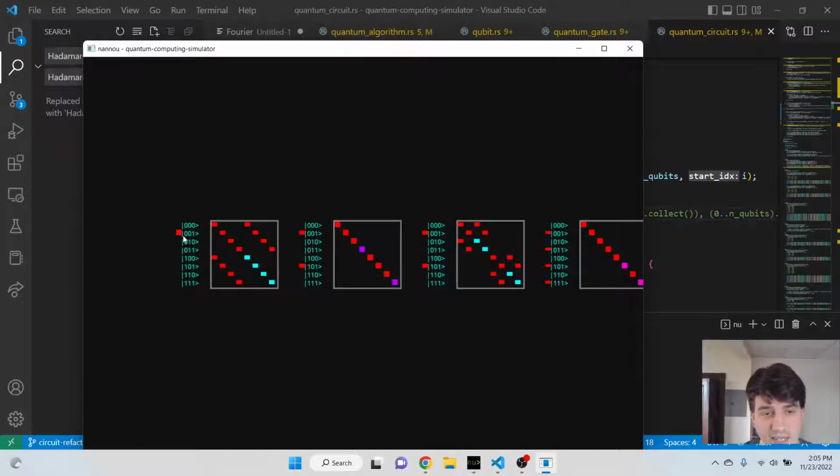So in this case, I put in a pure state, all of the probability weight is behind 0, 0, 1, and then I put it through this thing, which is really just a matrix.